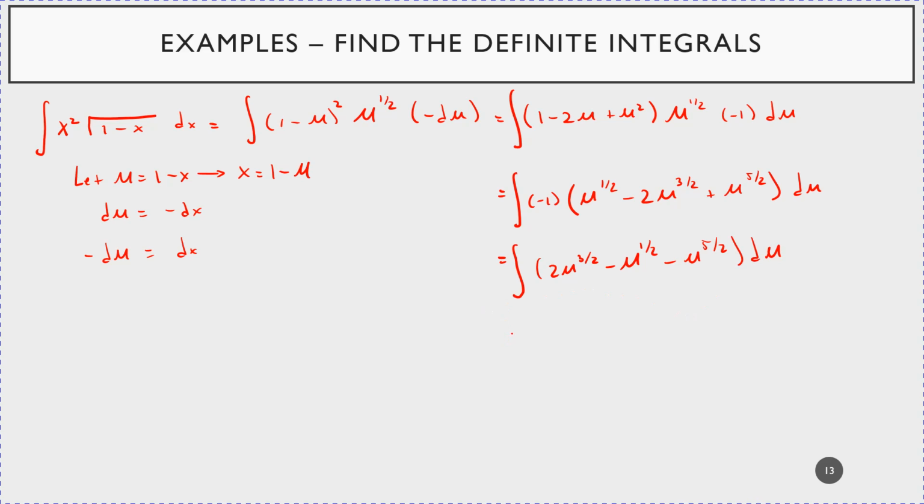You can just see here it's straight up the general power rule. So this integrates as 2u to the 5/2 all over 5/2, minus u to the 3/2 all over 3/2, minus u to the 7/2 all over 7/2 plus c.